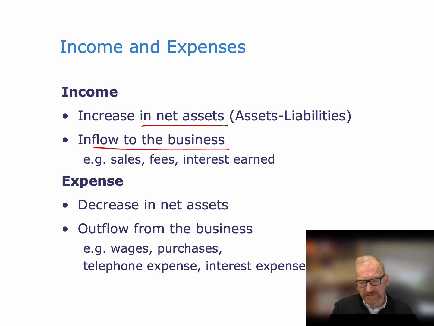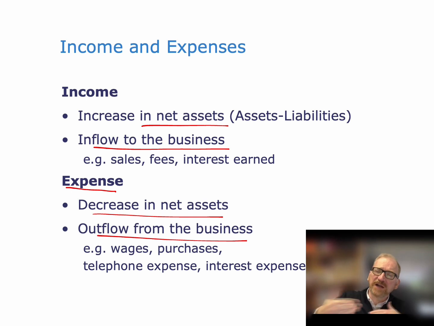Expenses are decreases in net assets or outflows from the business. Things like wages, purchases, telephone expenses, interest expenses, any kind of expenses you can think of that are outflows from the business, those are going to go on the income statement as expenses.